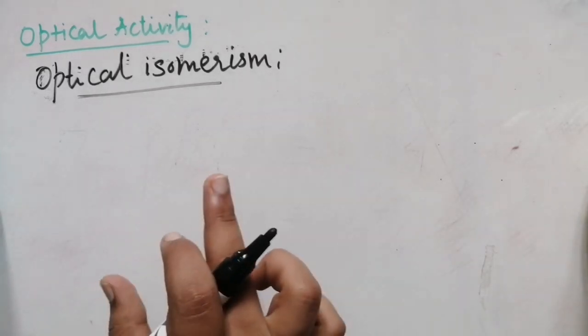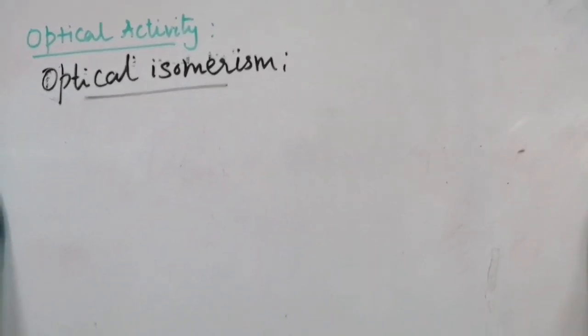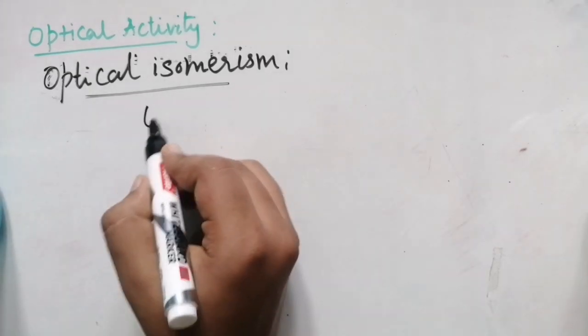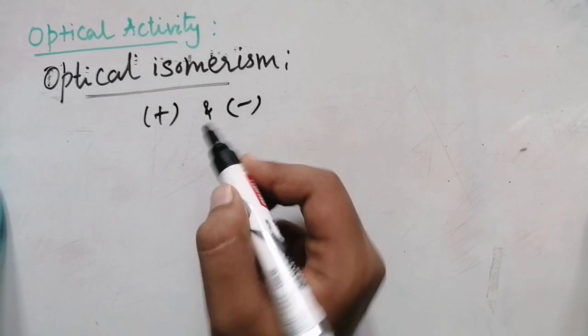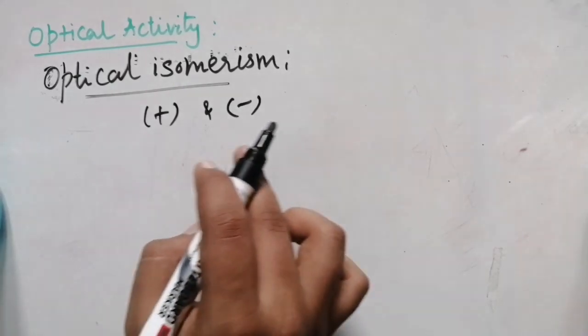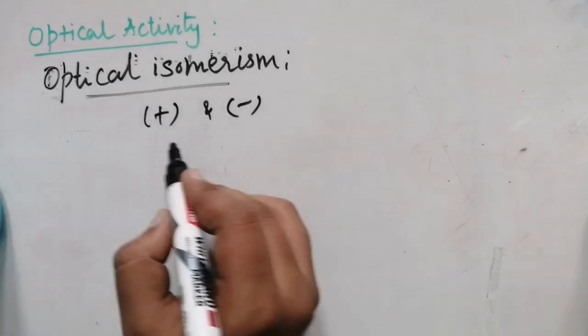Here we will study optical isomerism. It is the dextrorotatory and levorotatory forms of an optically active compound.